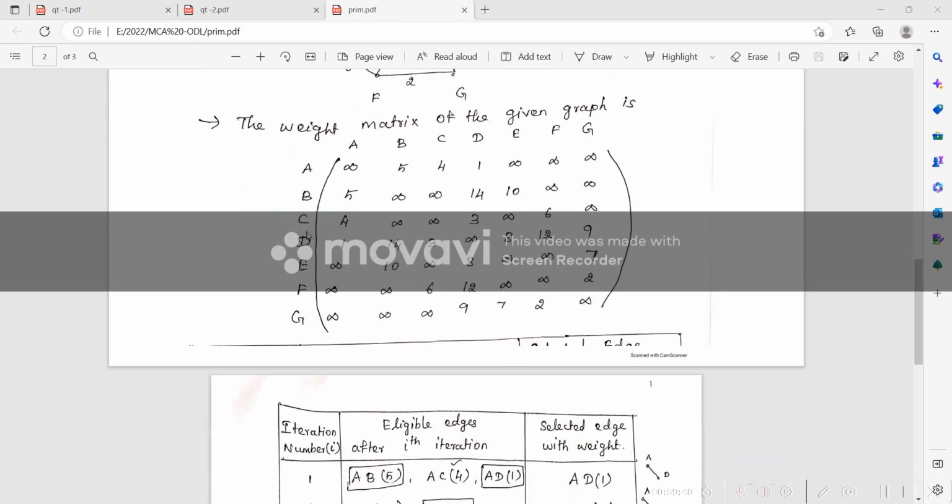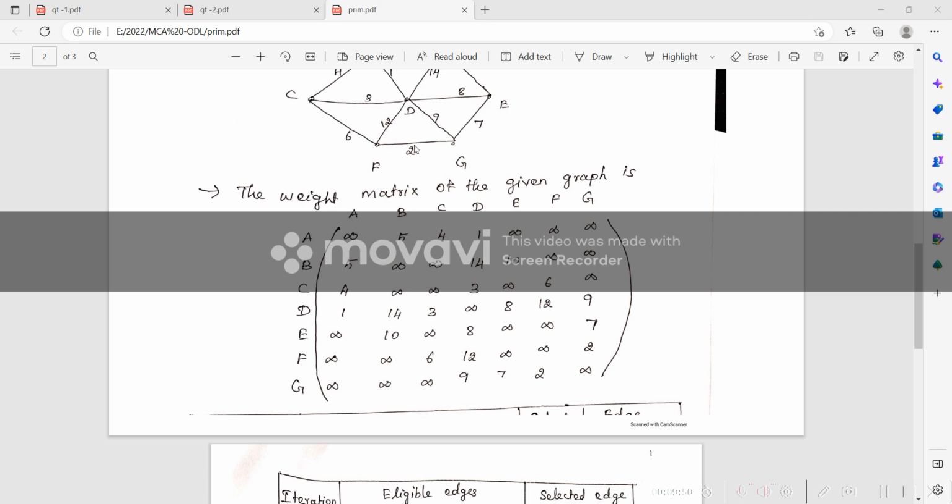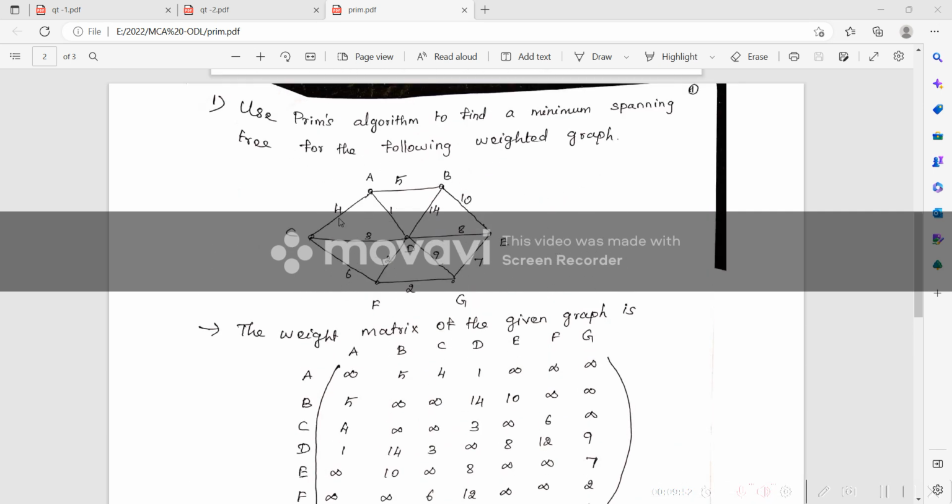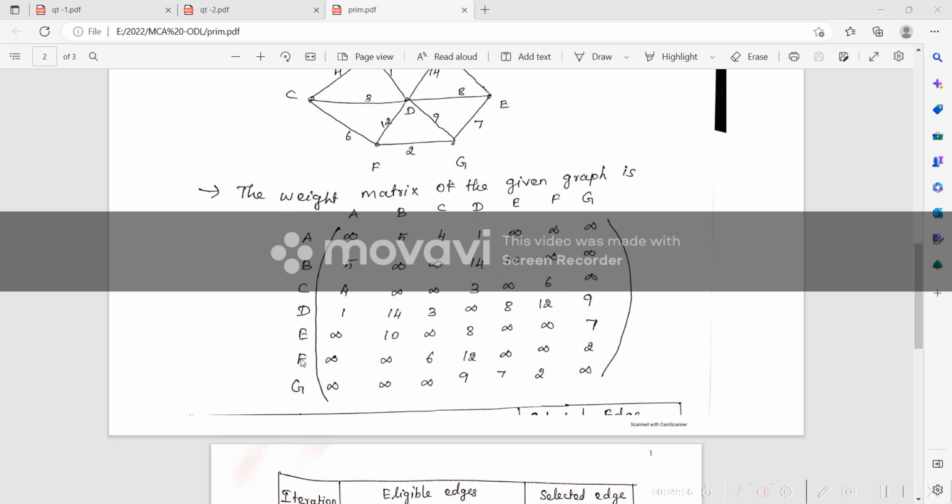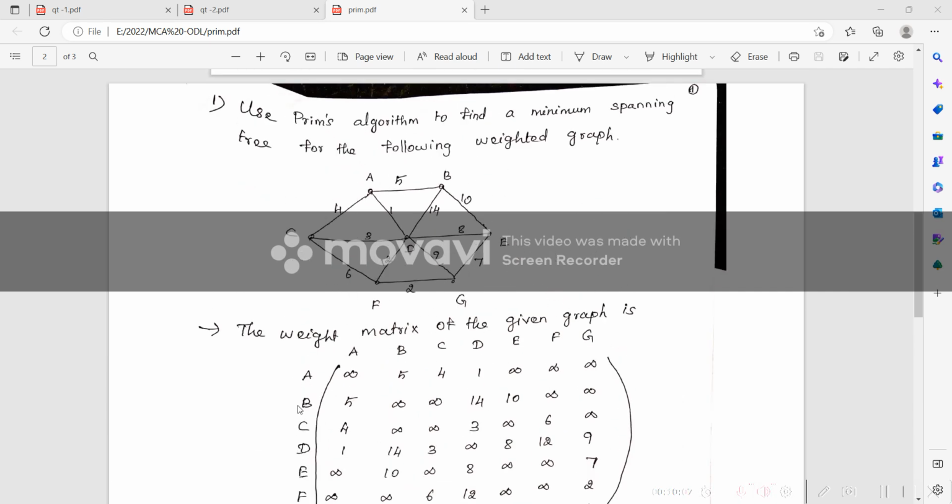Okay, so initially we should form a weight matrix of this connected graph. So consider all the vertices, totally 7 vertices. So we are taking those vertices in rows as well as columns. So first one is A to A. So between A to A, no edge is existing.